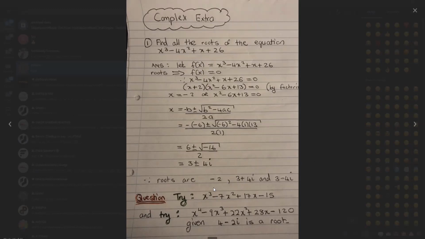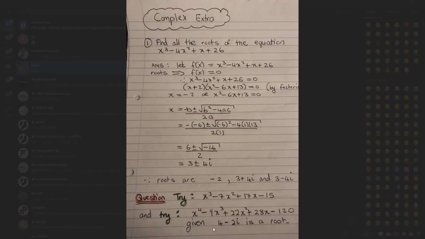I was confused with the second one because we're given 4 minus 2i as the root, right? Do I put it back in? What do I do? I know there's something I have to do because I was given the root, so it makes it easier, but I'm not sure what to do.